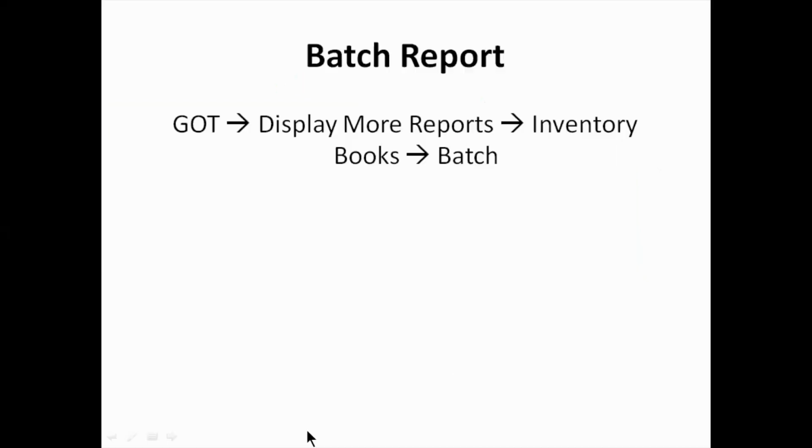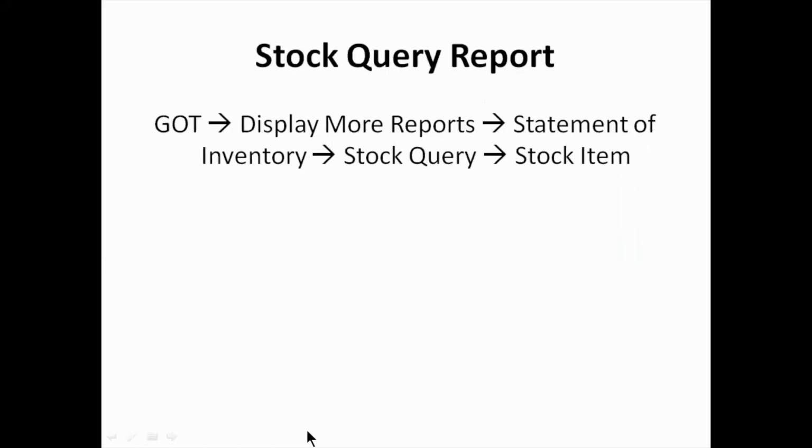Next is the stock query report. If you want to check the stock query, how to check this report? Gateway of Tally, display more reports, statement of inventory, stock query, stock item. Let's check this report also. Stock query report.